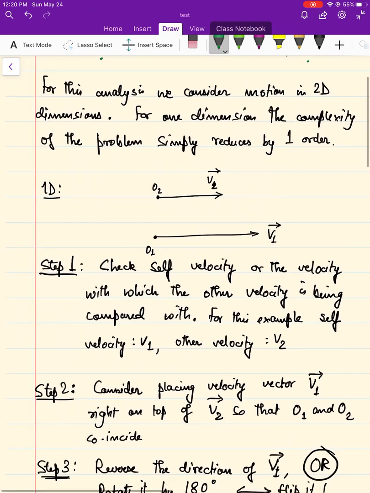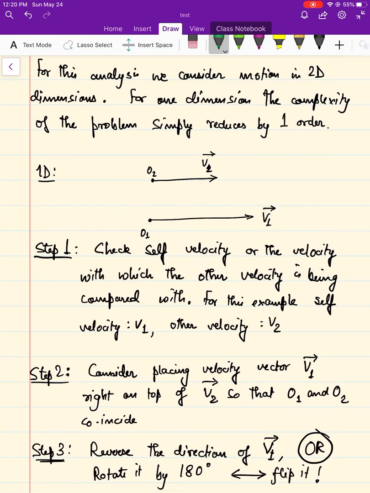For one dimension, as I said already, the complexity reduces by one order, which means that you just need to solve a scalar problem. So as you can see over here, for the first case, we say that this body is having a velocity v2. Let's take this direction as our x-axis.